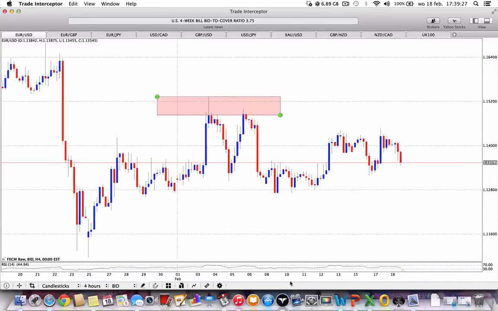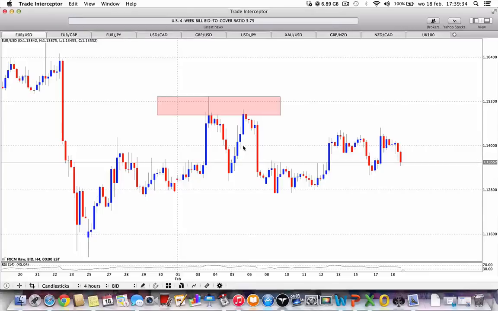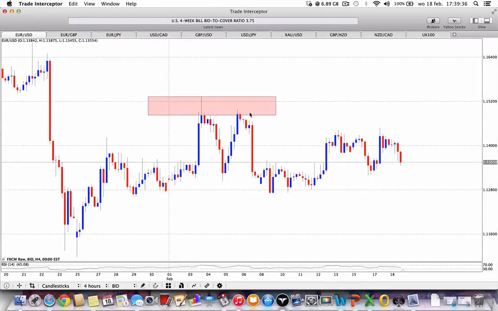I also said in my PowerPoint to always use candlesticks, and this is where it becomes very handy, because the zones that I'm drawing these rectangles on are always the tails.